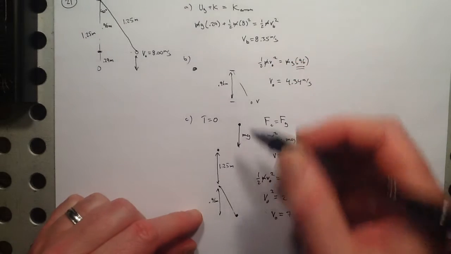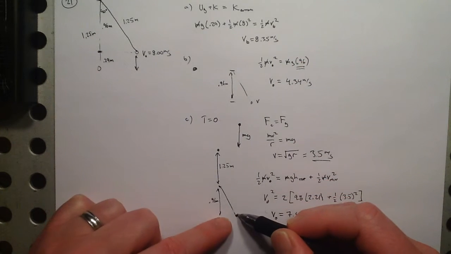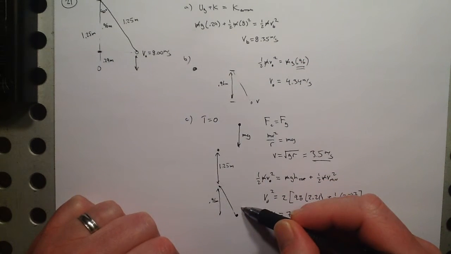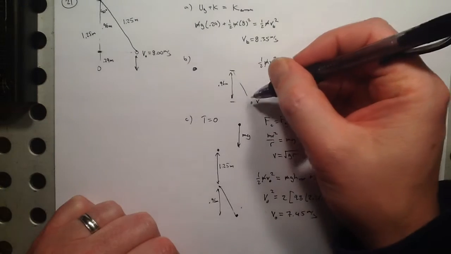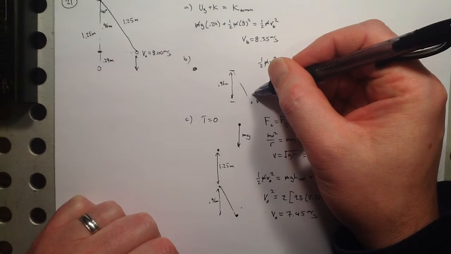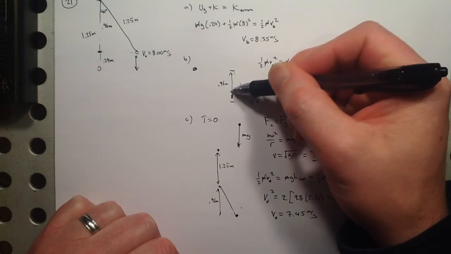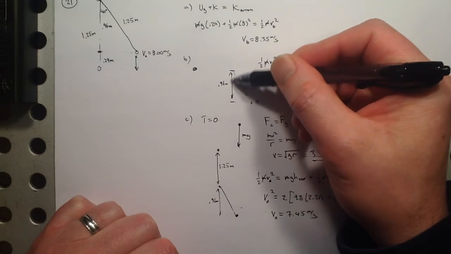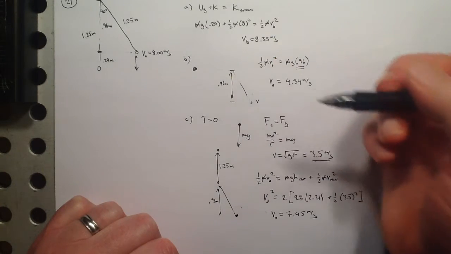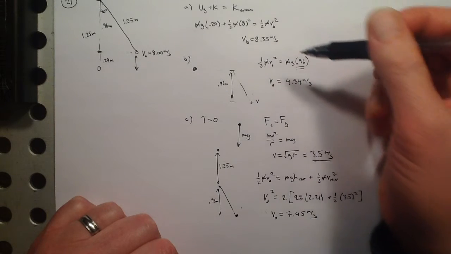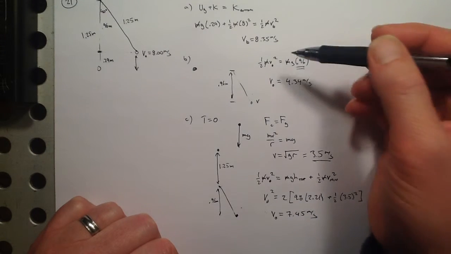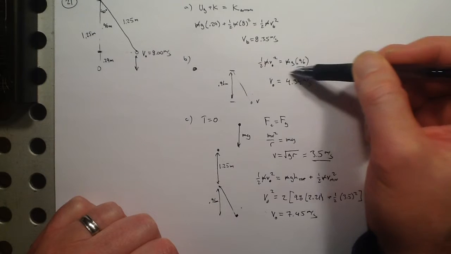Well, if you increased the theta, then it would be starting at a little bit higher position, right? If it started at a little bit higher position, then it wouldn't need to gain as much here, right? So that means this side of the equation would be a little bit smaller.